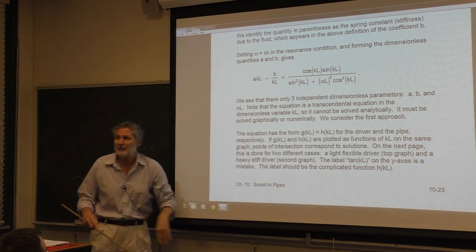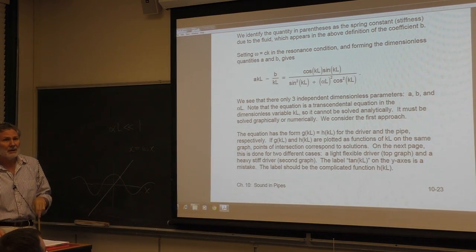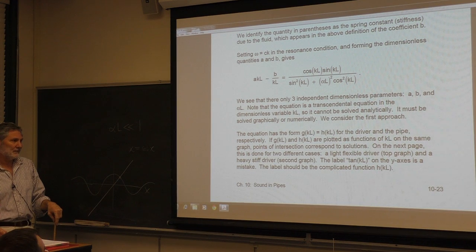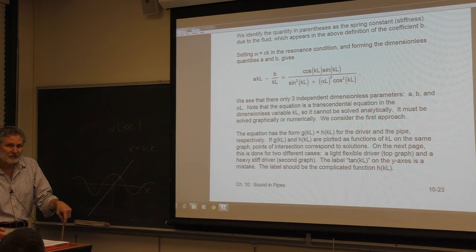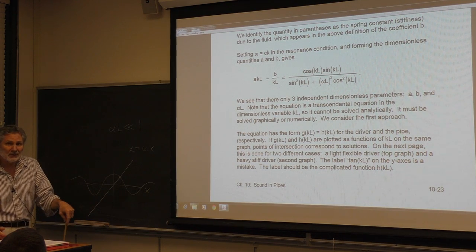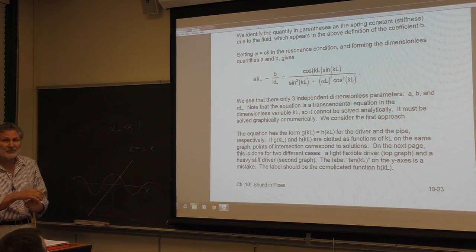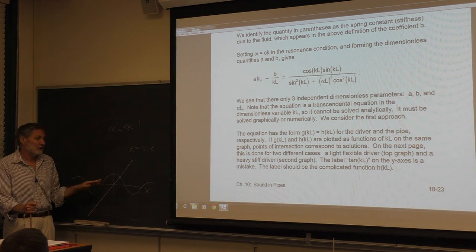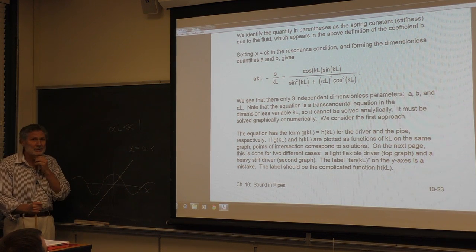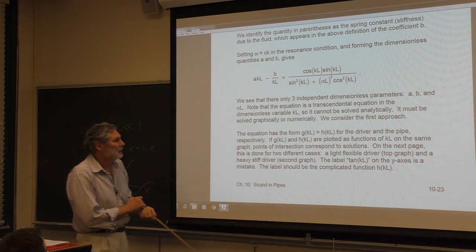Then you can use a root finder routine. The problem is that there could be many solutions, and some of the solutions you may not be interested in. They may be unphysical for you. So the geometrical approach is really good, at least for a qualitative appreciation of what's going on.